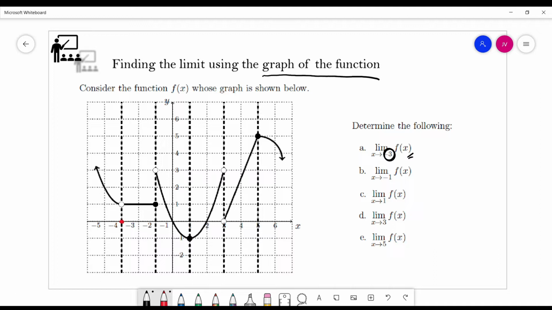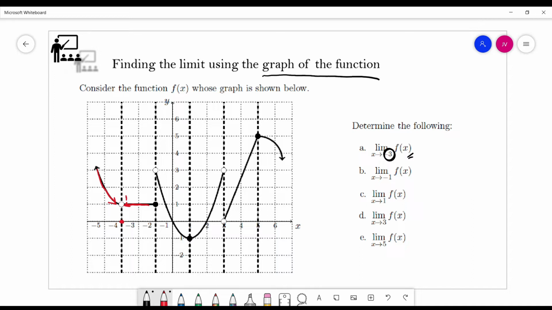So, tingnan natin, as the graph from the left approaches -3, saan nag-approach yung limit natin? Nag-approach siya dito kay 1. And as the graph from the right of -3, nag-approach pa rin siya dito kay 1.